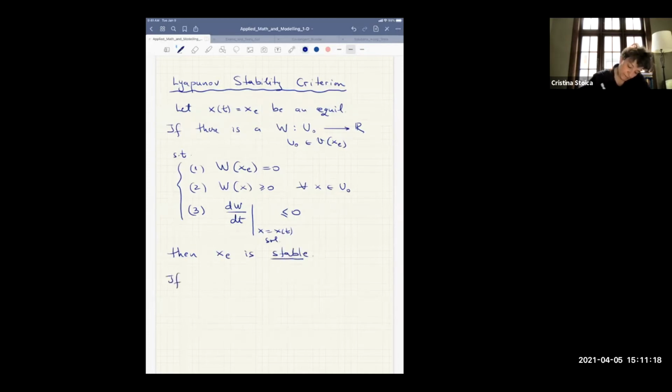If, moreover, let's say 3 prime, dW/dt at x equals x of t solution is actually strictly less than 0, then xc is asymptotically stable.